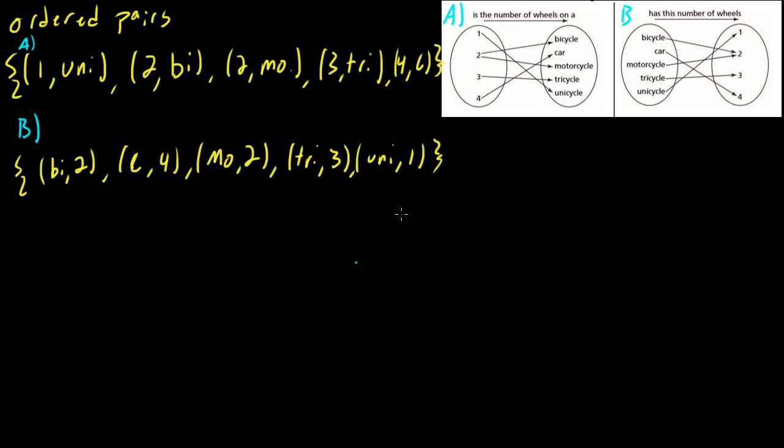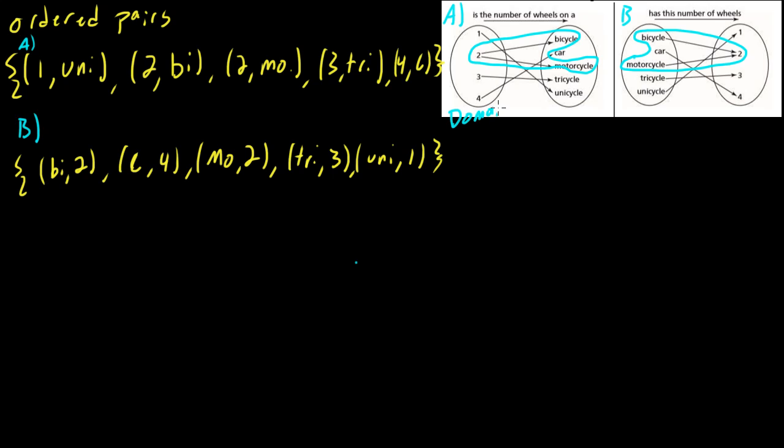But there is a difference between these. I want you to take a look at this right here. We have this and this, whereas over here we have motorcycle and we have bicycle. There's a pretty big difference between what we see in A and what we see in B, and that is there is a repeated domain value here.